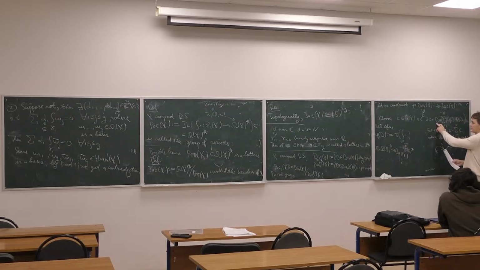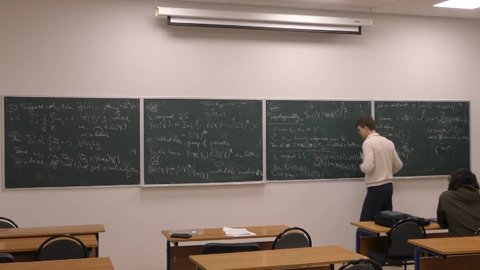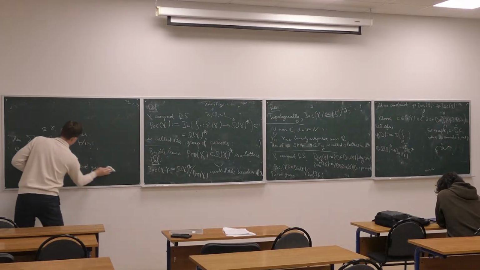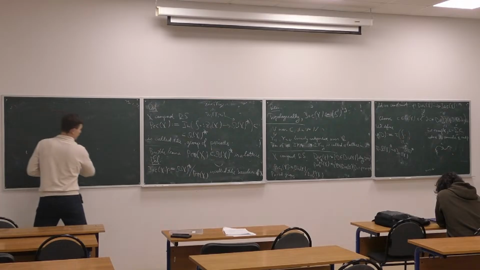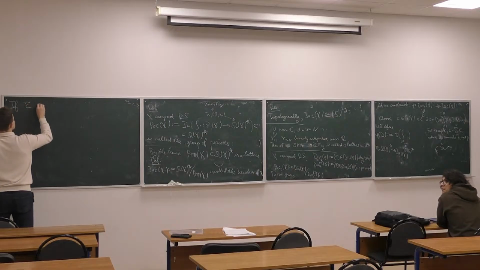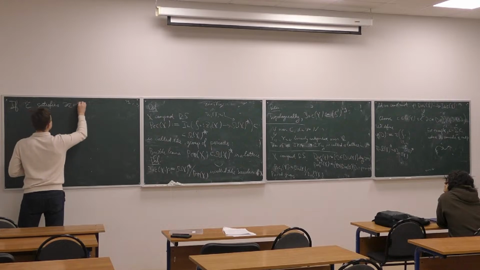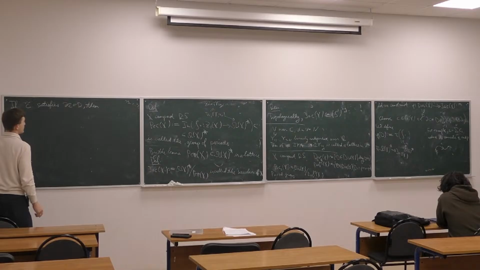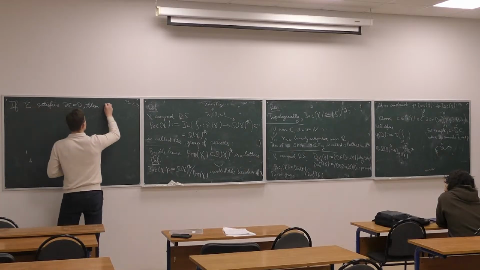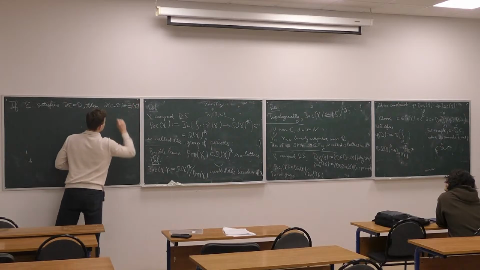Suppose we chose another chain C tilde such that the boundary of C tilde equals D. Then C minus C tilde belongs to the group of closed chains.